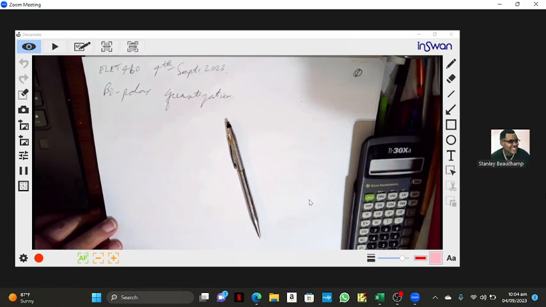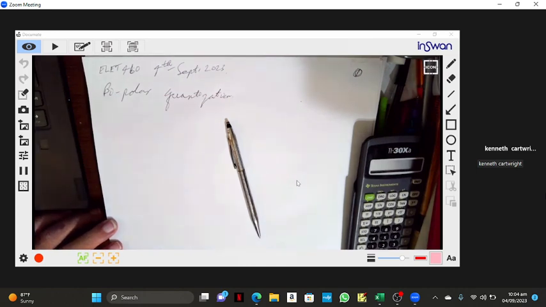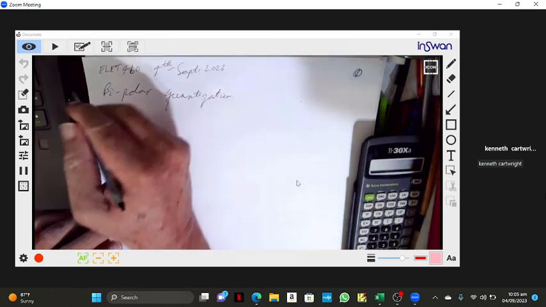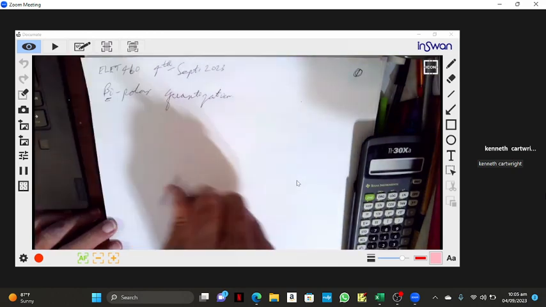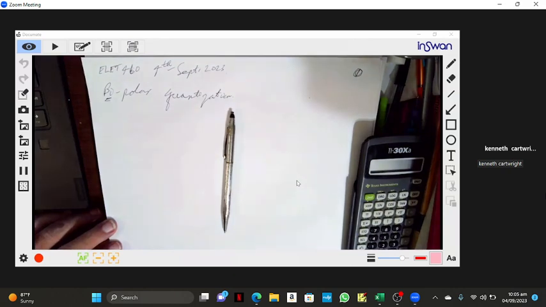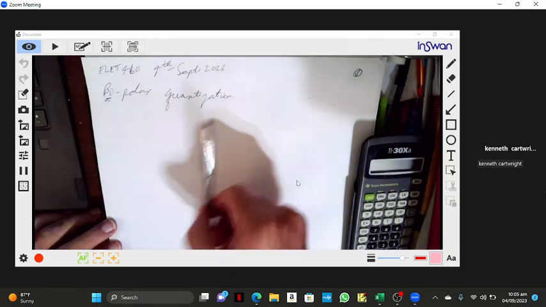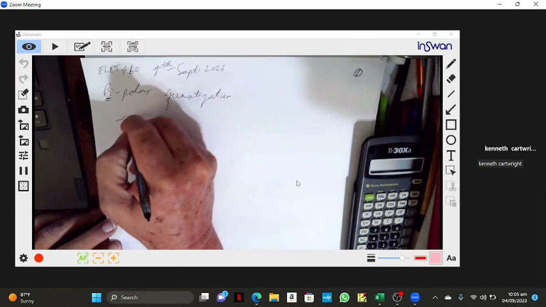Unipolar, the value is only positive or the value is only negative. Bipolar means the signal is either, bi means two. Two.